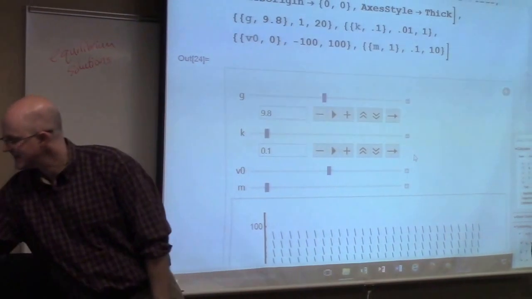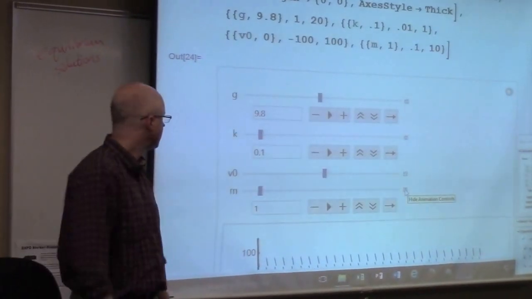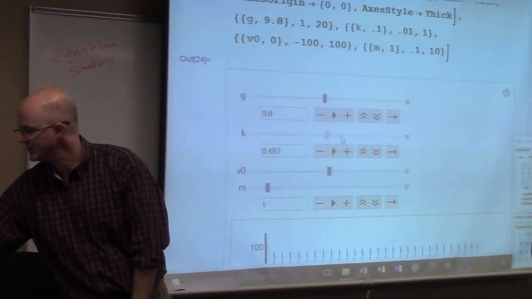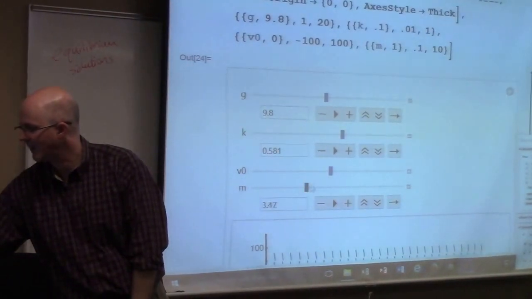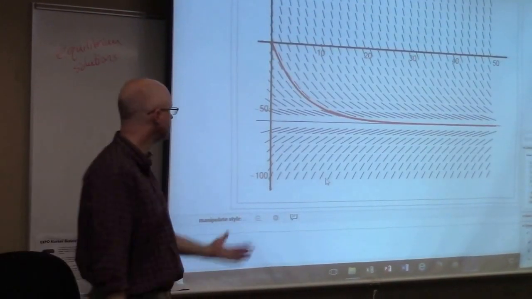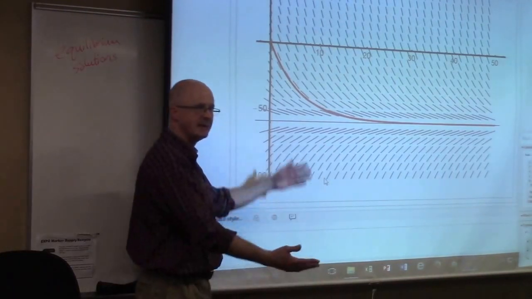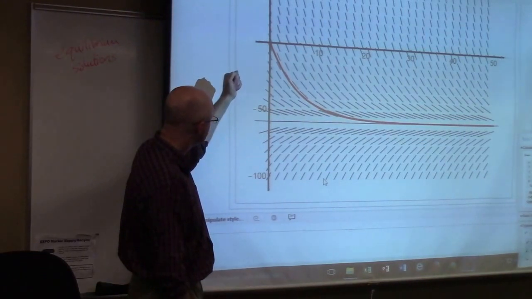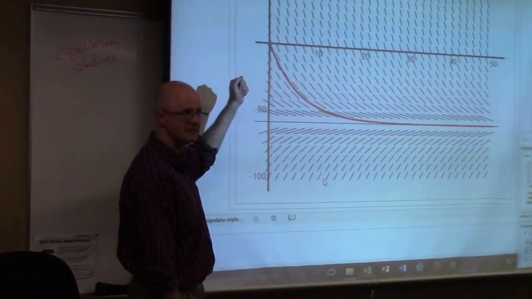and mass is 1. If I change those numbers, change k and m first, change k, change m, what happens? The terminal velocity changes. I increased both k and m, and now the terminal velocity is more like close to negative 60 here, it seems.